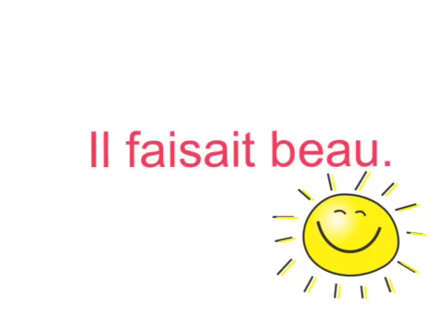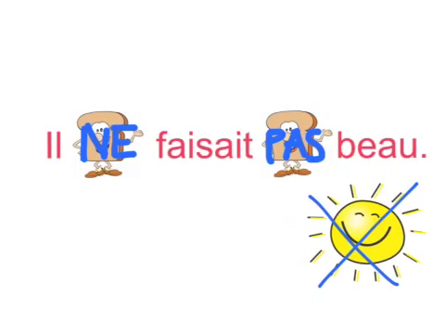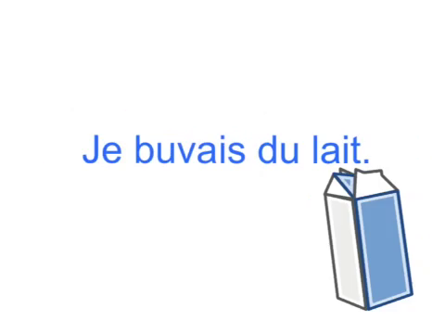Example, we have il faisait beau, so it was nice out. Then we'd have il ne faisait pas beau. So you have your bread around the meat, which is your imparfait verb. Next we have je buvais du lait.